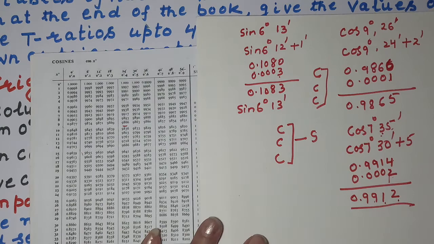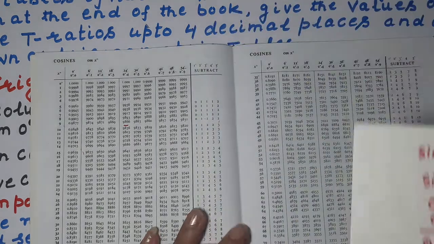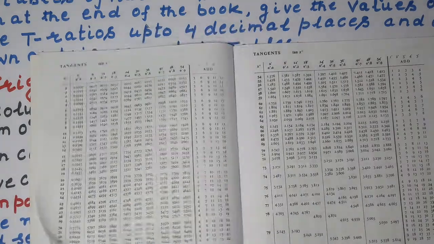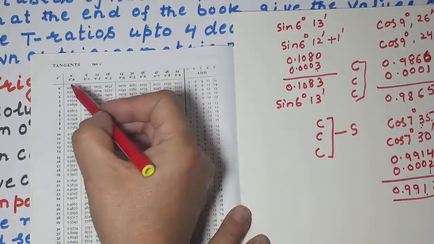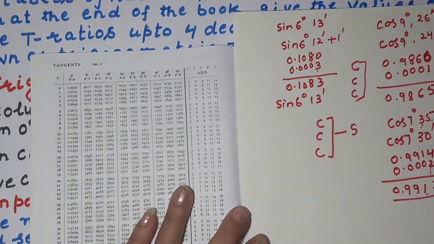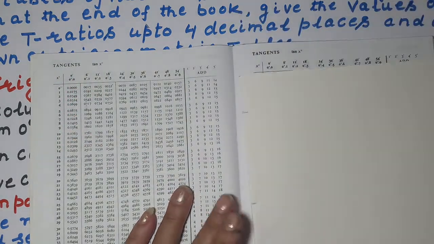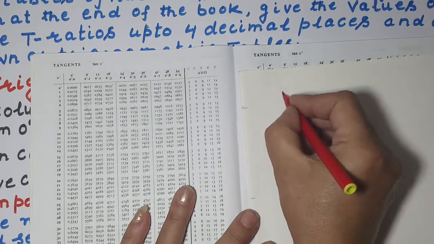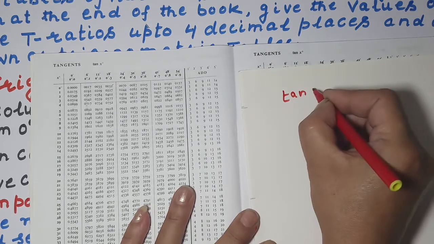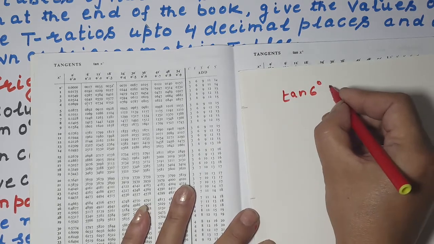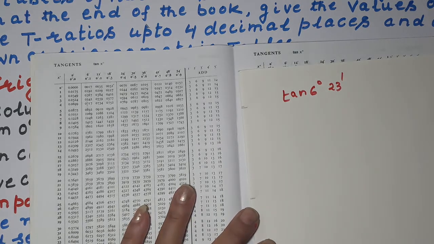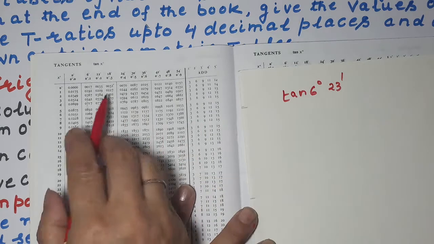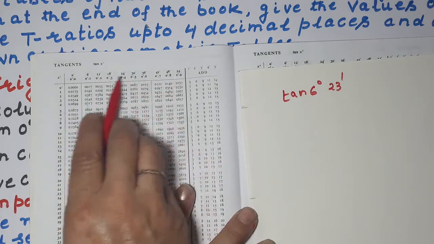Similarly, we can find it for tan also. For tan, let's do one example from tan also. So this is the table for tangents. So let's find the value for tan 6 degrees and 23 minutes, but we don't have 23 here.